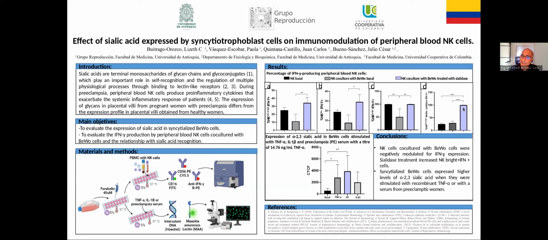As you can see, the interferon gamma production was higher in the bright NK cell subset compared with dim.